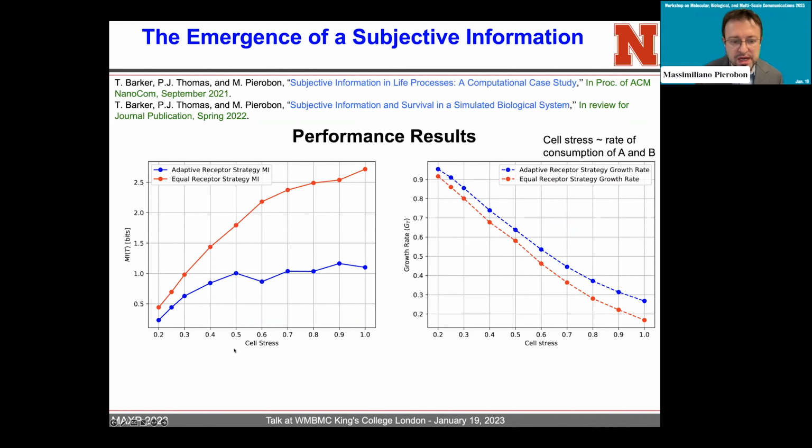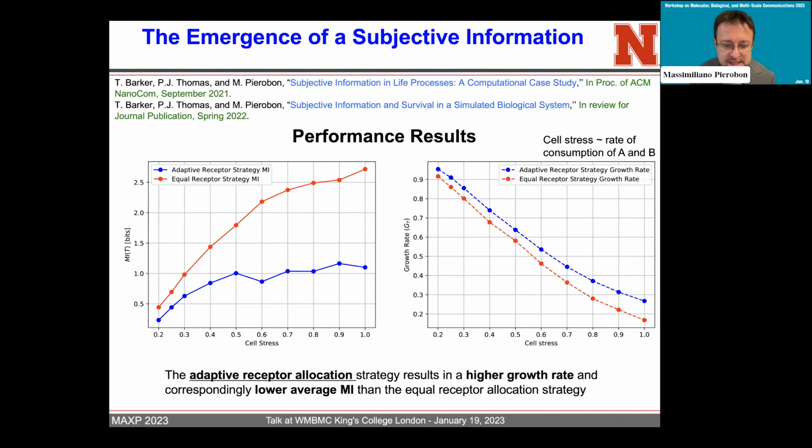If you see here, related to cell stress, which is the rate of consumption of A and B, so how hungry the cell is, you see that the equal receptor strategy, the red, despite having a higher mutual information, so the channel gathers more information about A and B location and gradient, has a slightly lower growth, while the adaptive strategy, the blue, has a lower mutual information overall, so it needs less information, but it has a higher growth.